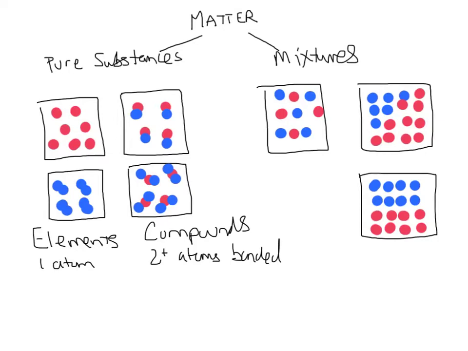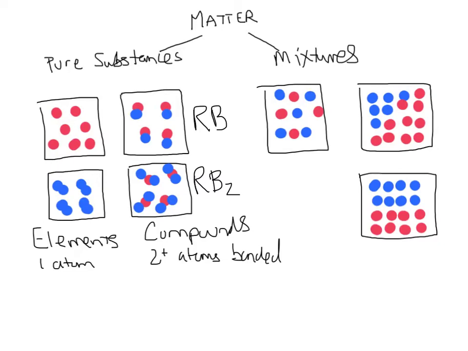Now here I have examples of 2 different types of compounds. When the atomic ratio of atoms changes, the identity of the compound changes. So here you can see in the first example, I have a compound, we'll just call it Rb. And in the second compound, I have Rb2.